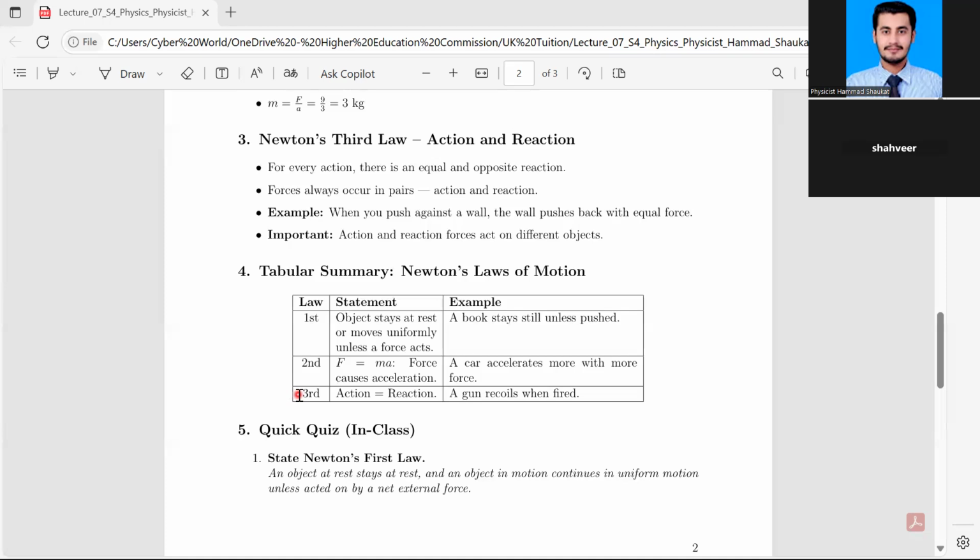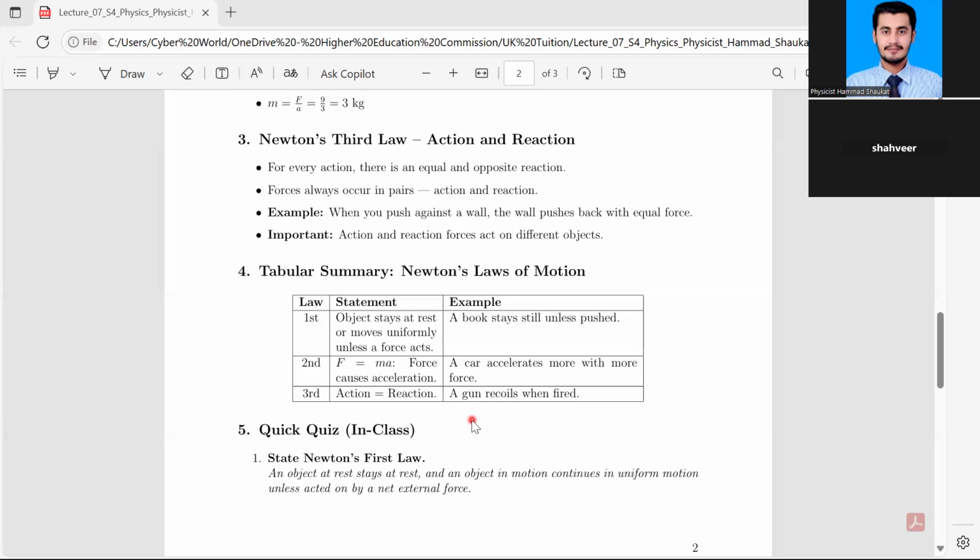Okay. A practical example of action and reaction is a gun recoiling when fired. Whenever you fire a bullet from a gun, does the bullet move in the forward direction or backward direction? Forward direction. And the gun recoils in the opposite direction.